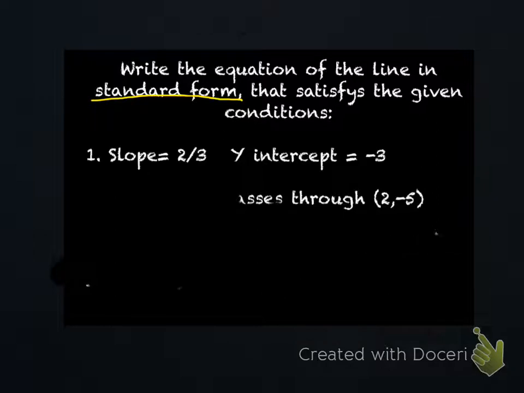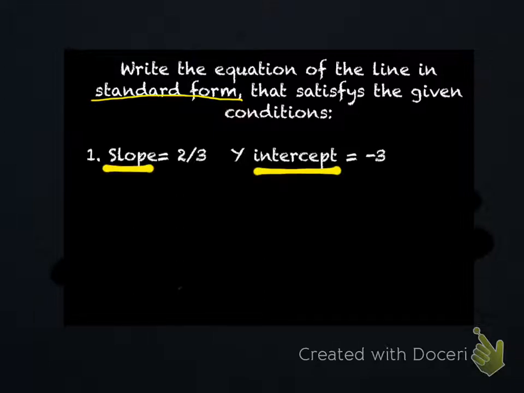So when you are given a slope and an intercept, the best form to use to write an equation of a line is absolutely the slope-intercept form. And so go ahead and tell me what that slope-intercept form is.